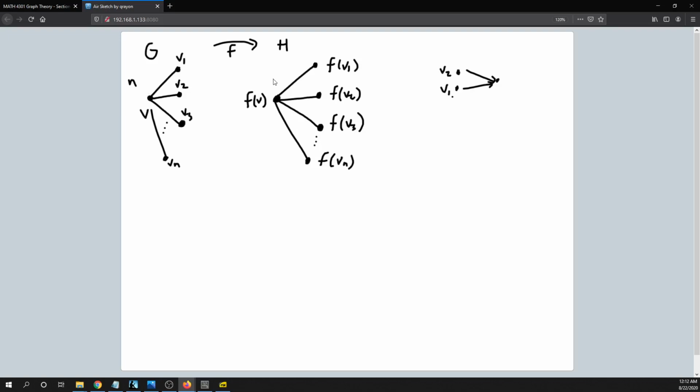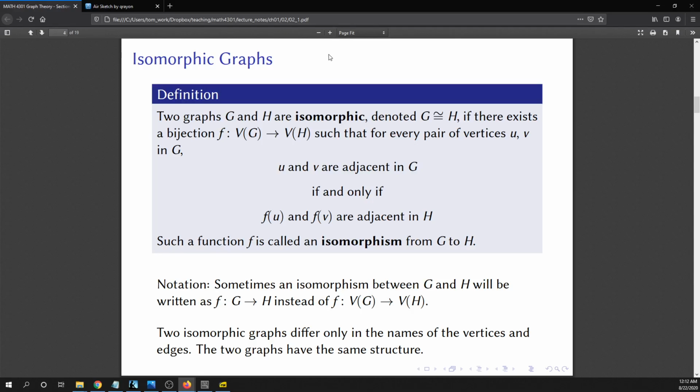And that's it. There can't be any others because of that same argument. They would pull back to another vertex, and that would make this degree n plus 1. Okay. All right, so that's the idea behind that theorem there.